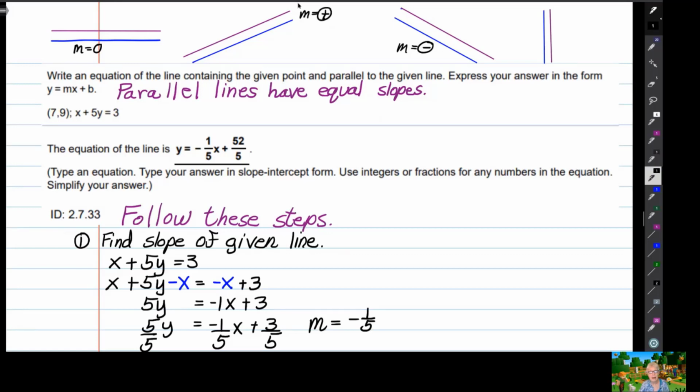And vertical lines have undefined slopes. We'll talk about why. I keep saying that. I know it must be really irritating. M is undefined. I'll tell you the reason now, and then we'll elaborate later. M is undefined. The slope of vertical lines.